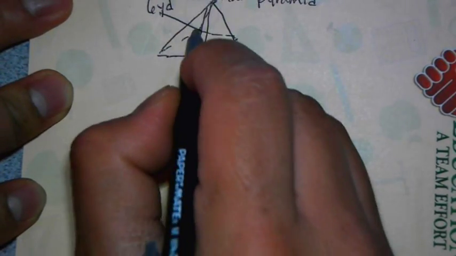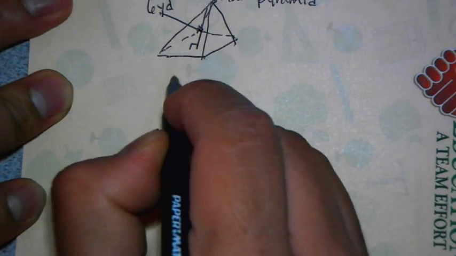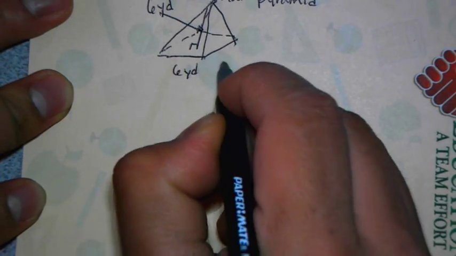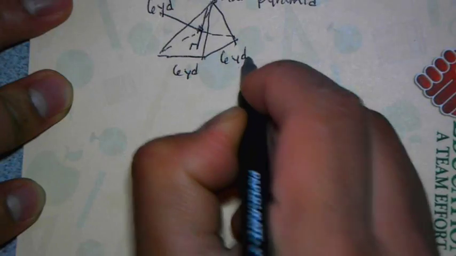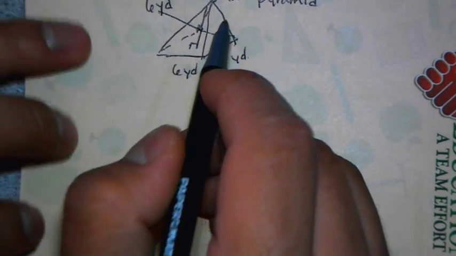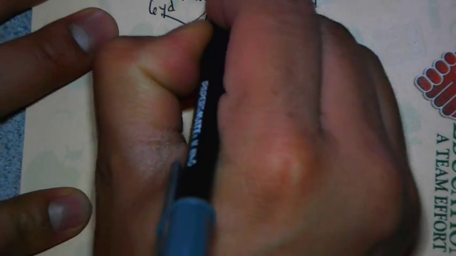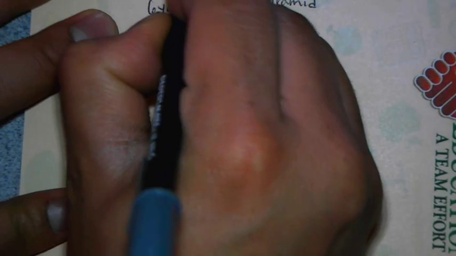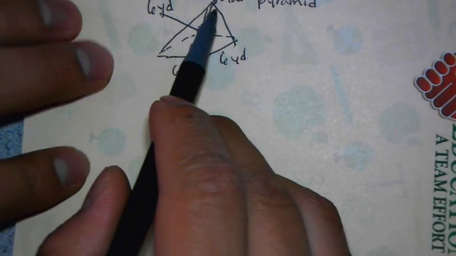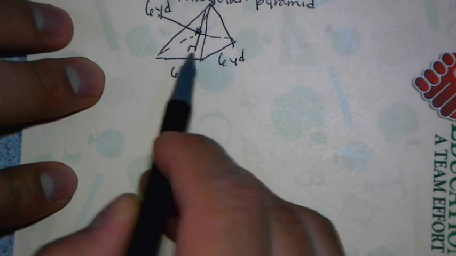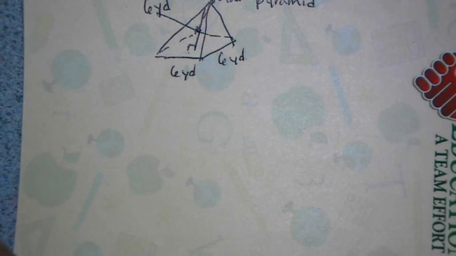Okay. 6 yards and 6 yards, which tells me that, I'm sorry, I got this wrong. It's not a triangular pyramid. It's a square pyramid. And it's a square pyramid because the base is a square. If it would have been a triangular pyramid, the base would have been a triangle. So I do apologize about that.